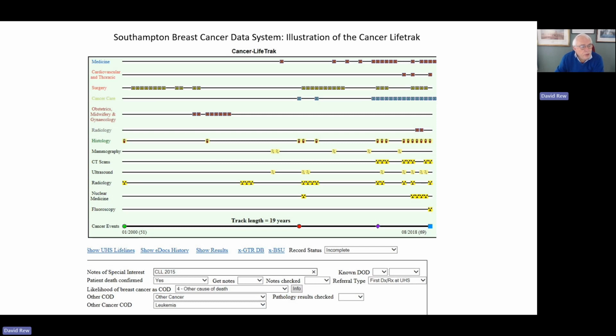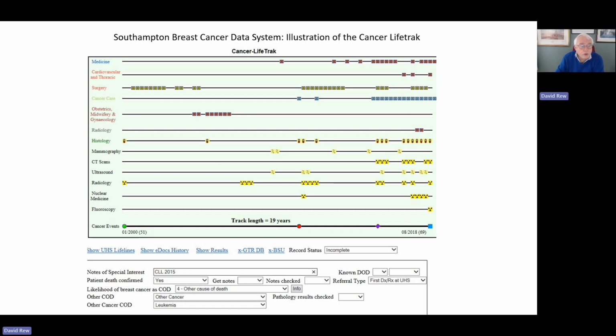And this allowed us to build the cancer events or the master timeline or the cancer life track, whatever we wish to call it, where for each principal episode, we could create, using an iconographic representation, a time point, which was then populated with pathology, treatment, and so on and so forth.